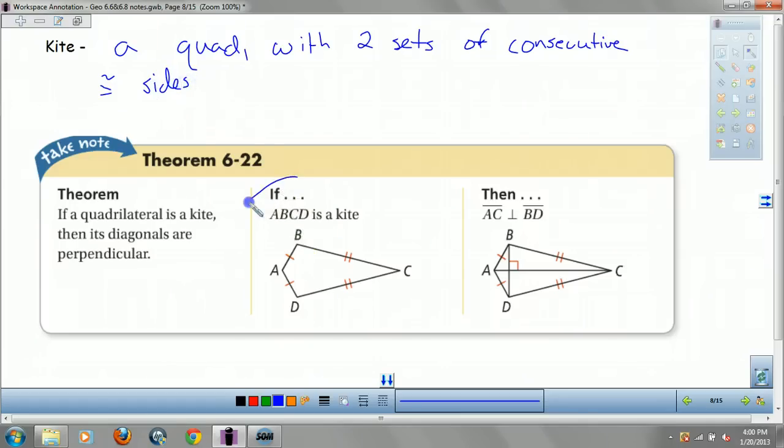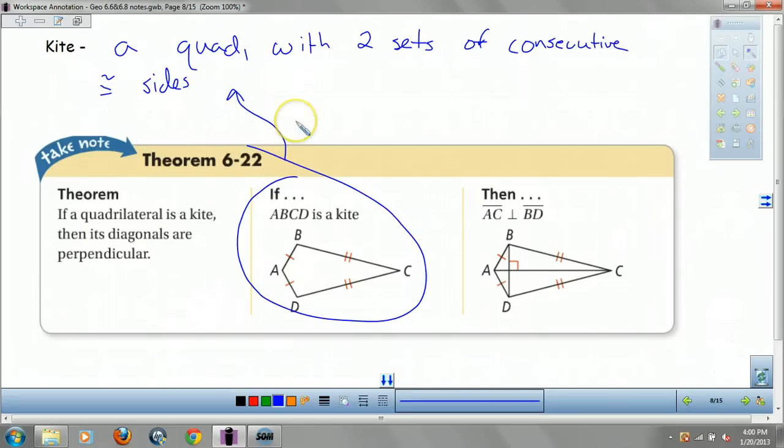So draw that picture up there. Consecutive means they're right next to each other. Congruent means that they have the same measure. Sides mean that it's a side.